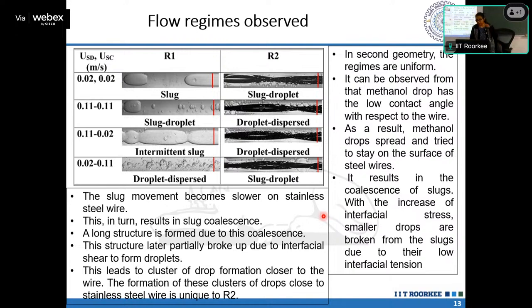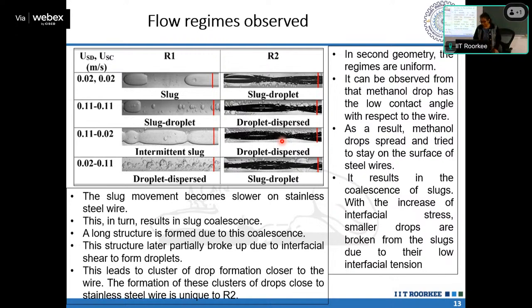I guess I have already mentioned that in this particular geometry the methanol drops spread and try to stay on the surface of the steel wire. So if you increase one phase's inertia, it could result in forming a long structure. If you increase the inertia of the continuous phase, it may result in the formation of dotted droplets.